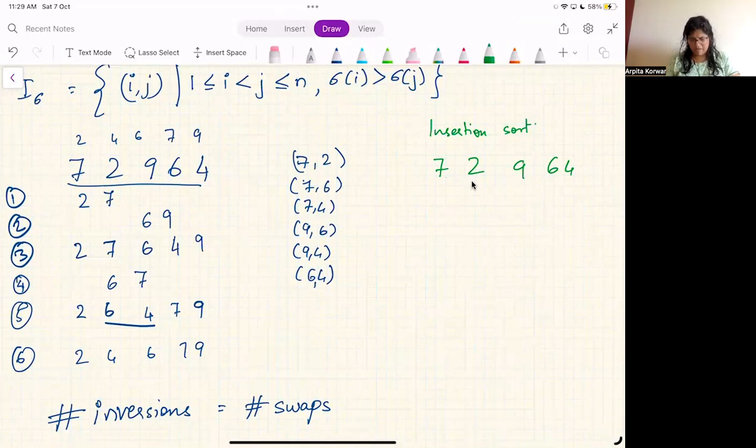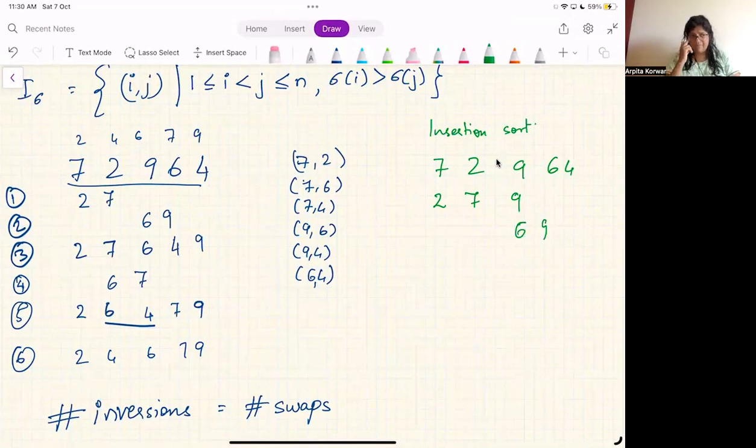Then 7 and 2, we go to 2 and 7. So this part of the array is sorted. Then we go to 9. 9 and 7, they are in the correct order, so we keep it. And then we look at 6. We want to put 6 in the correct place here. So 6 and 9 we swap.